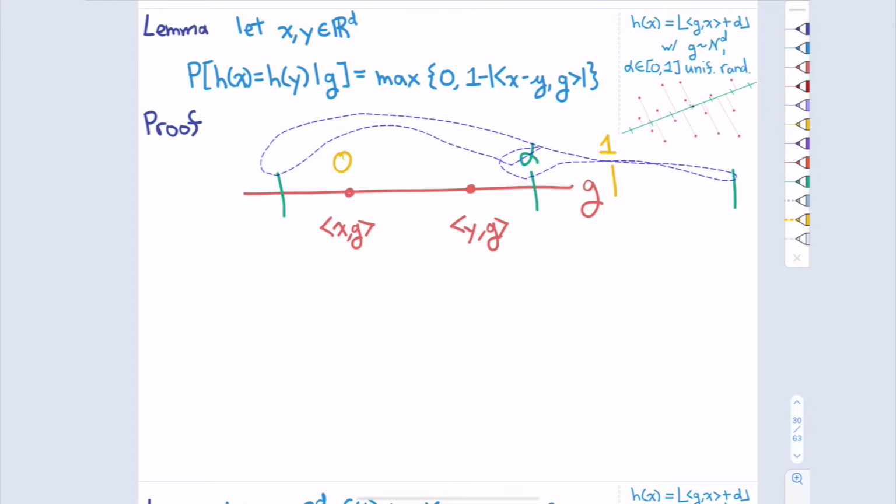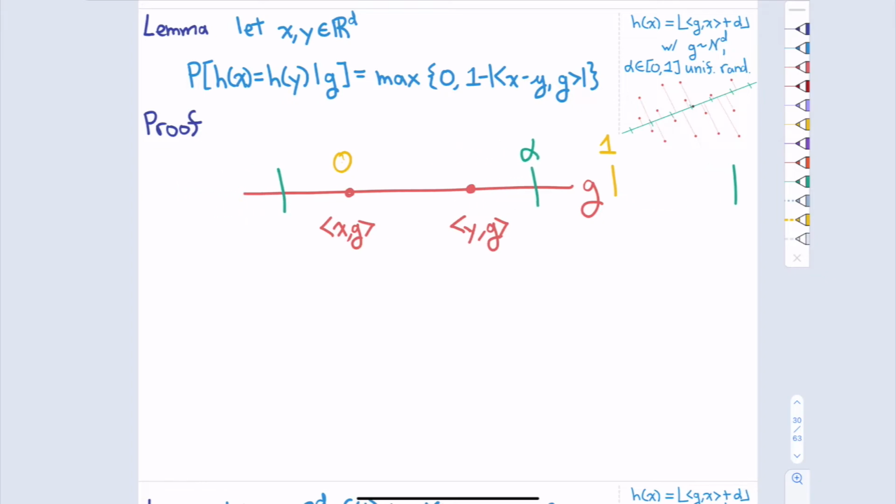Okay, so depending on where alpha goes, this will slide. Okay, so alpha is a random value between 0 and 1. What are the odds that alpha is set so that x and y get split up?